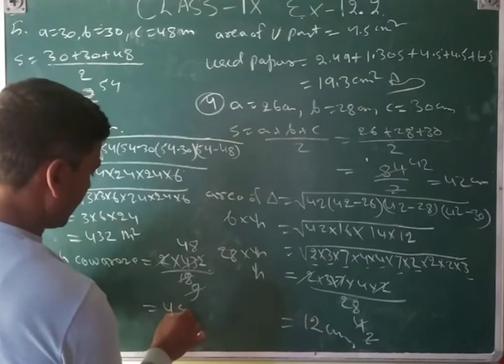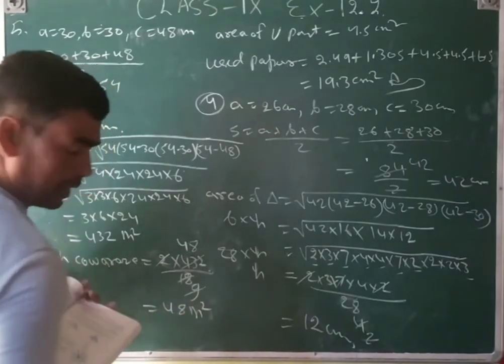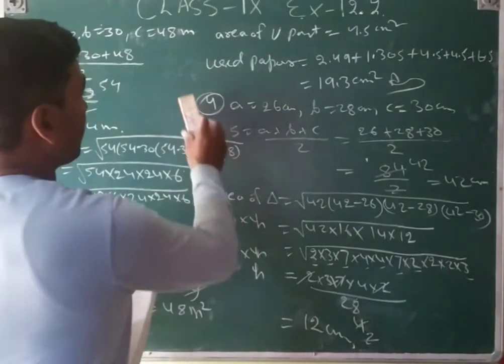That is 48 meter square. Each cow will graze this area.